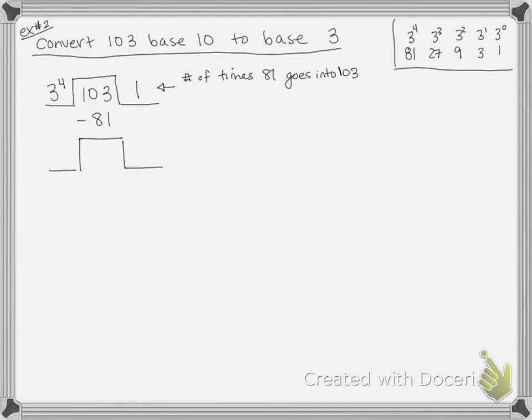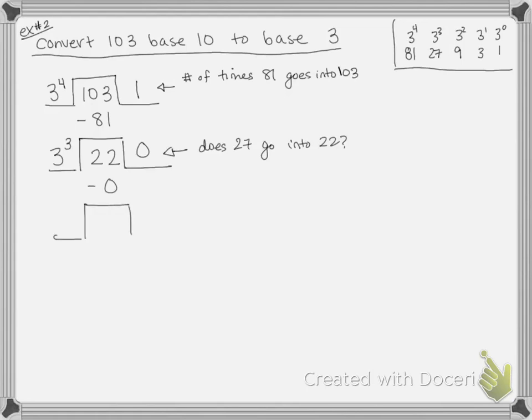And just like for the 2's, we have to check the next power down the line, which is 3 cubed. If we take 103 and subtract 81, we get 22 as the result. So the question is, does 27 go into 22? And unfortunately, 27 is too big, so we're going to have to jump to our next power down.